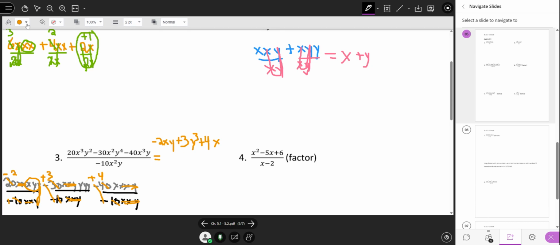Now with number 4, I could factor. This is type 2, but there is a shortcut. And I like this shortcut.